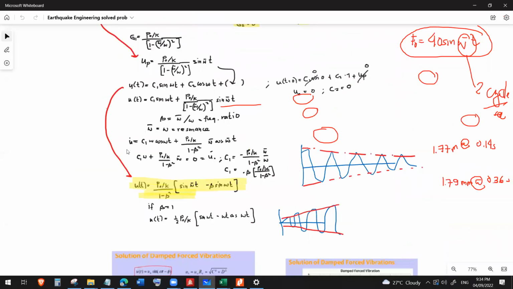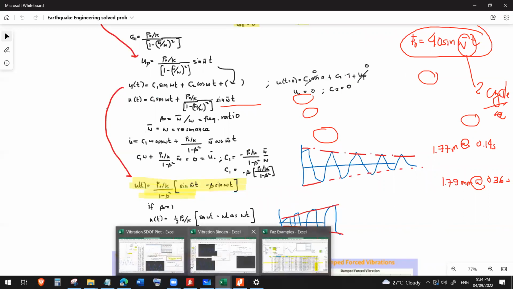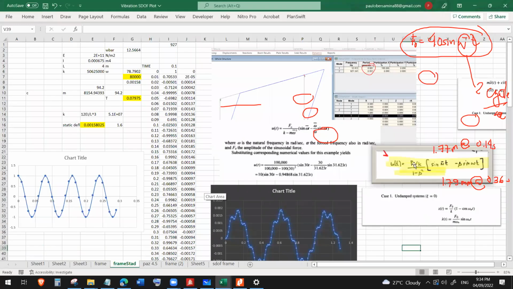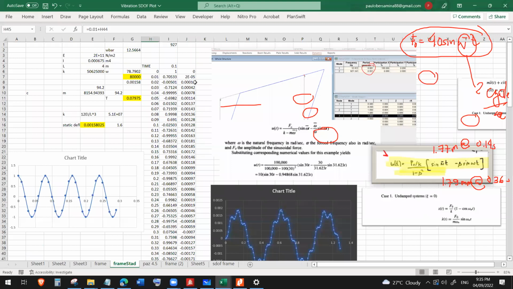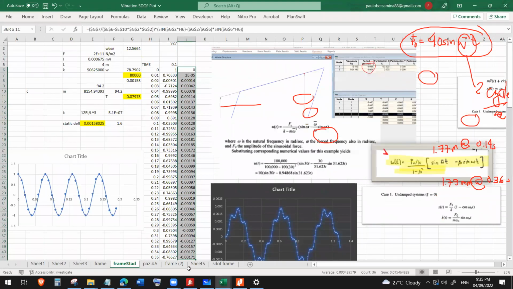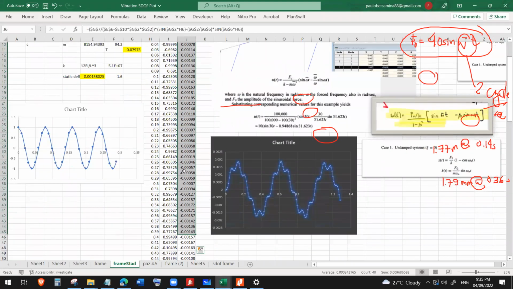So we will use that formula to get the response here. After typing in this formula, starting from 0 up to about 0.39 seconds, this is the time history response of our system.